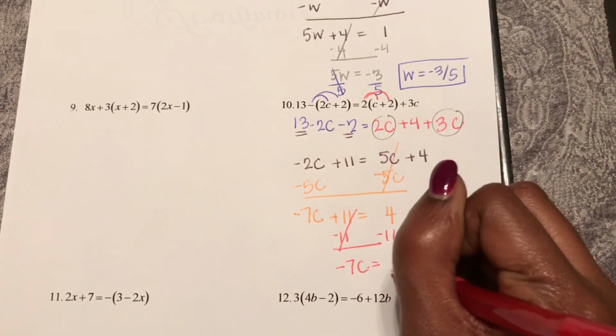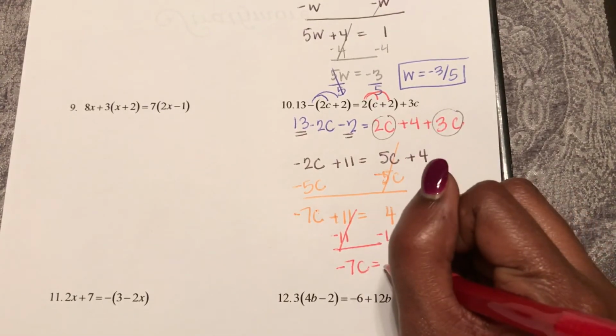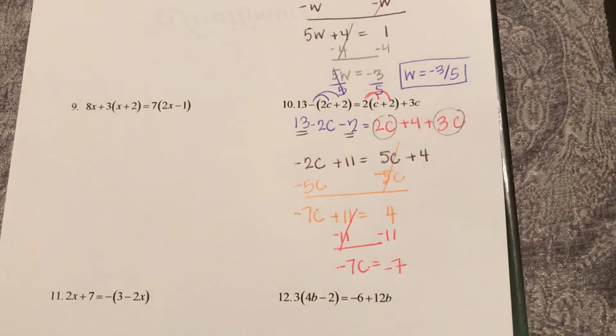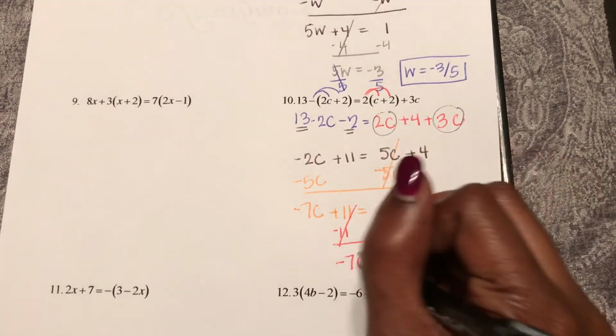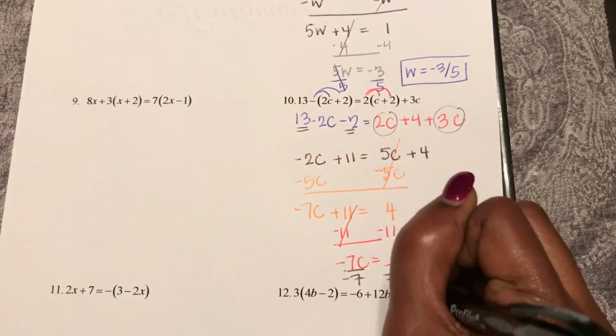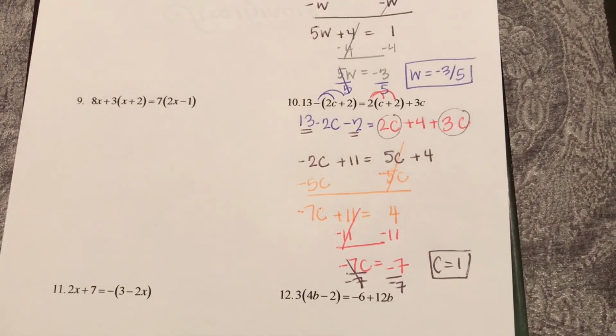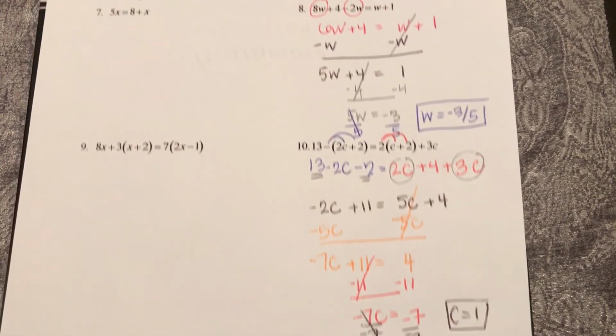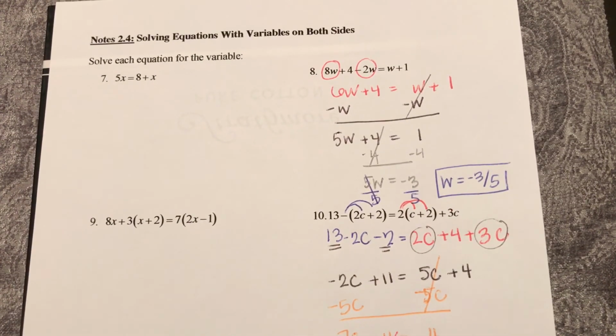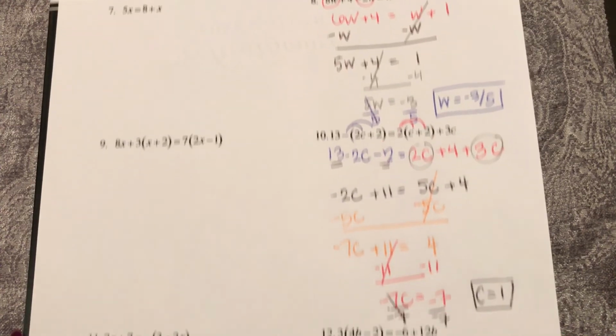Negative 7c equals 4 minus 11, which is negative 7. Last step to isolate for c is to divide each side by negative 7. c equals 1.